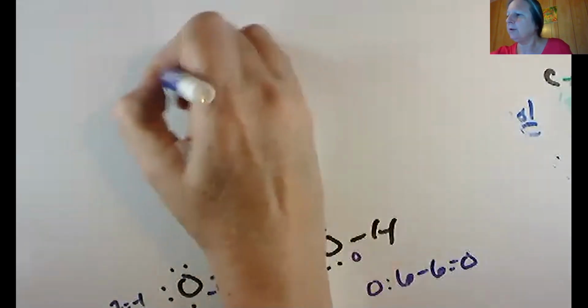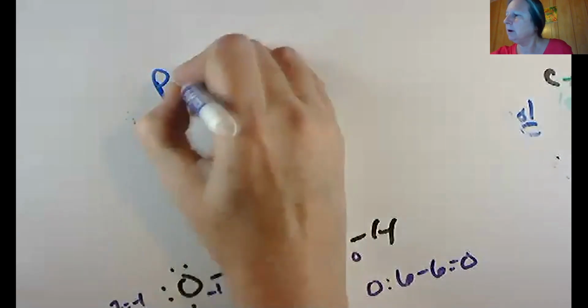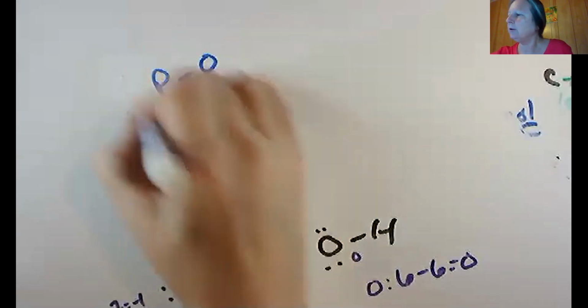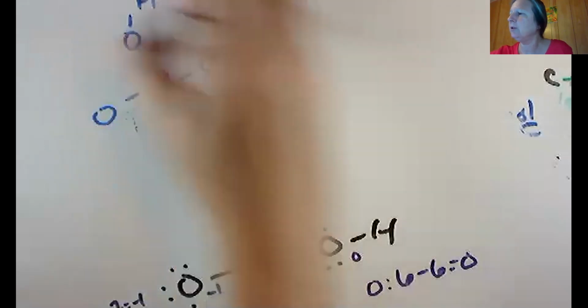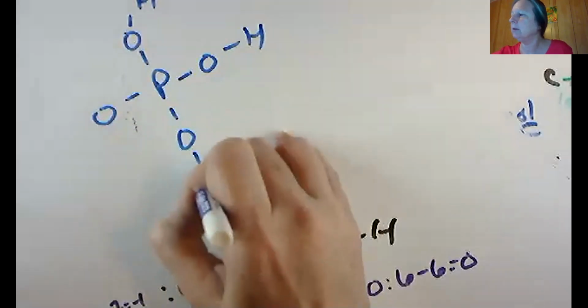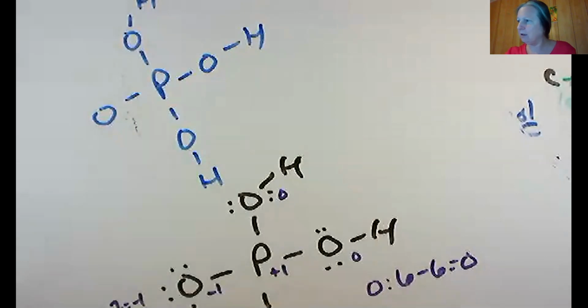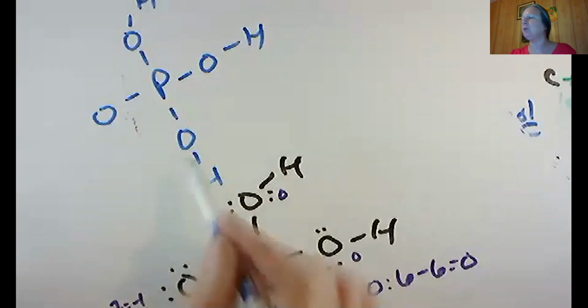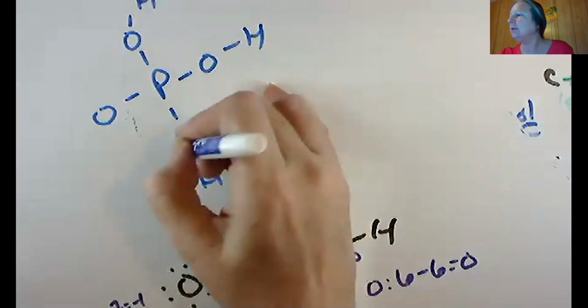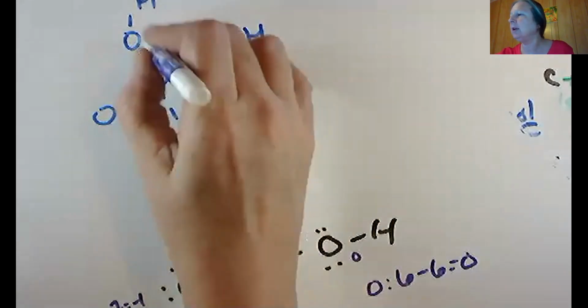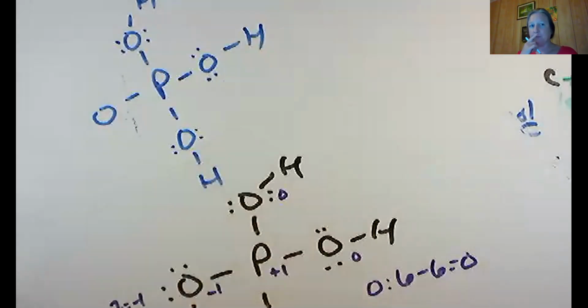And there's my phosphorus, oxygen, oxygen, oxygen, oxygen, hydrogen. These guys are going to be the same, because you don't have much choice. You have these hydrogens, they have to go on the oxygens. There's really no place else to put them. So you can't do anything with these.